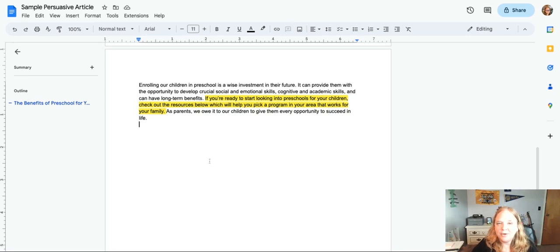So what I would do if I was writing this piece is below my article, I'd have preschool resources, and I would include some links to websites that help you pick a good preschool. Or maybe you have a complementary article on your site about how to pick a preschool, like a process analysis piece of writing, for example.